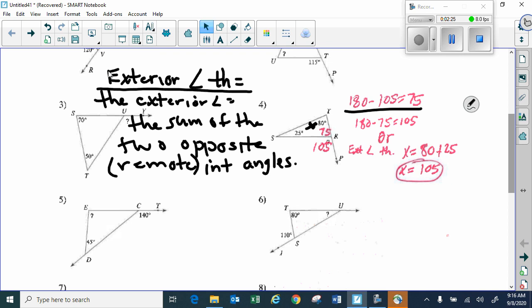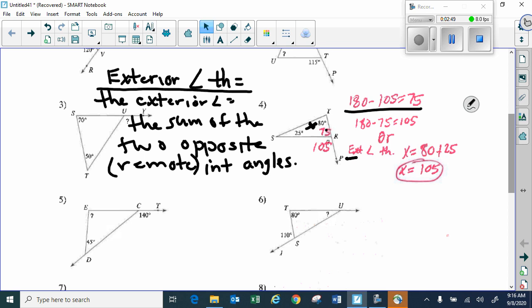Wait a second, is this the X right here, that you're finding? So I can get this one right here, the 75, from the triangle sum theorem. 25 plus 80 plus what equals 180? 75 degrees. So that makes that 75, and this is a linear pair. 180 minus 75 is 105. Okay, I can get that one.